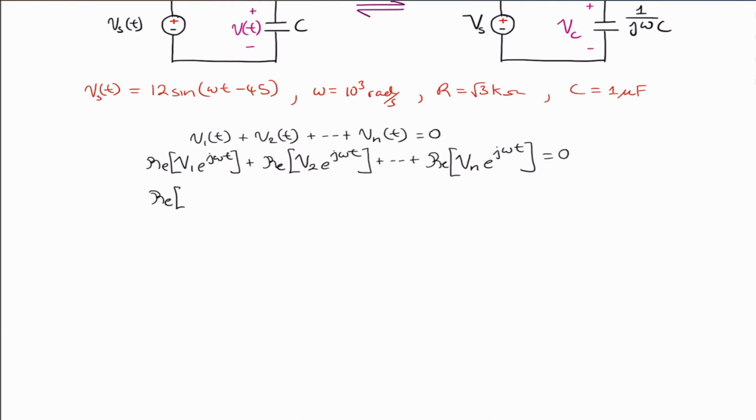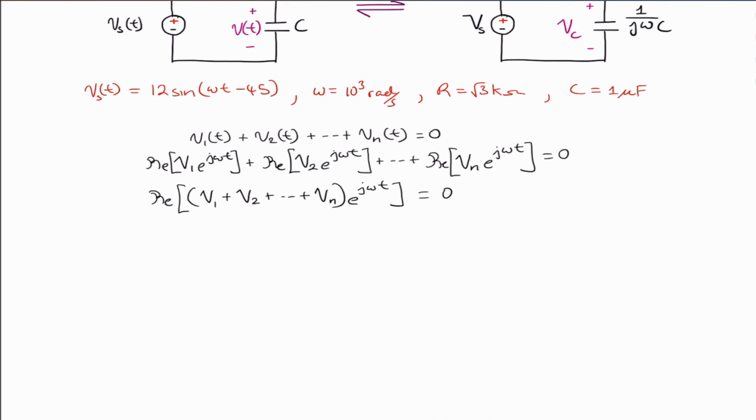We can then go ahead and factor that, and we end up with the following: the real part of V1 plus V2 plus Vn, times e to the j omega t, and that is equal to 0.